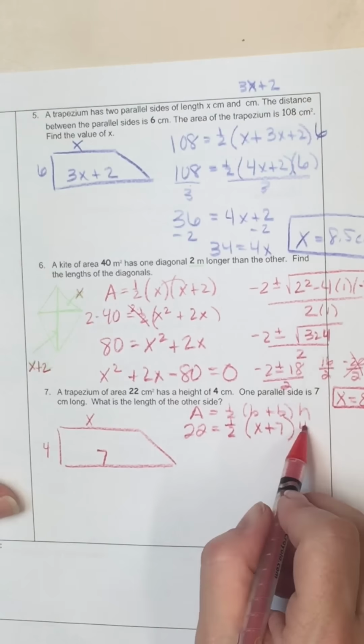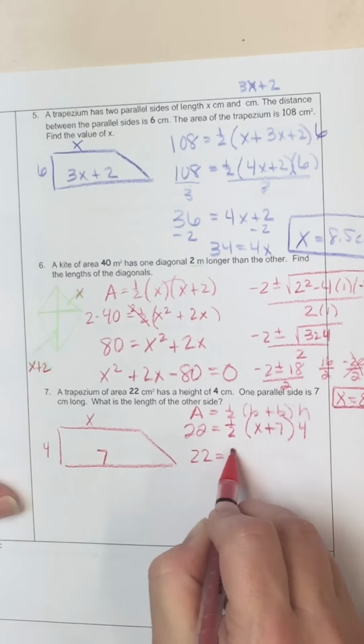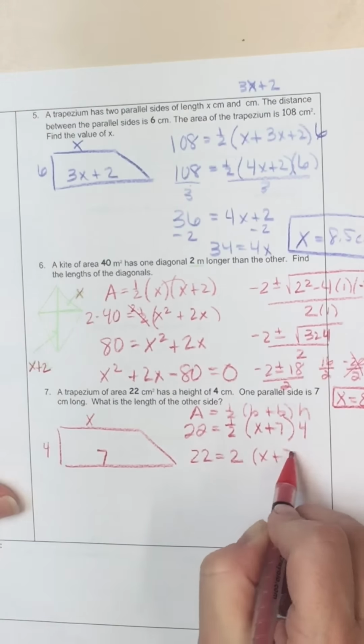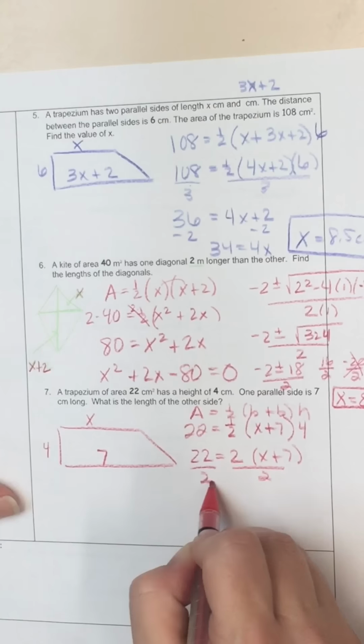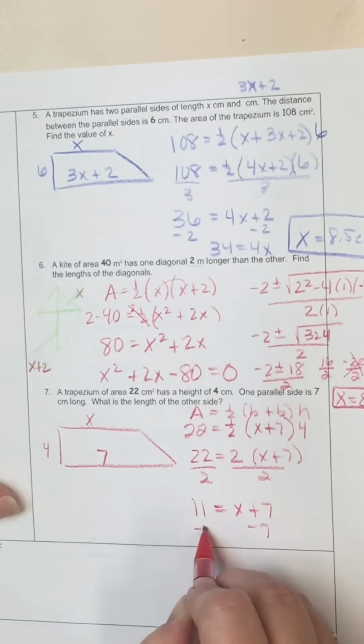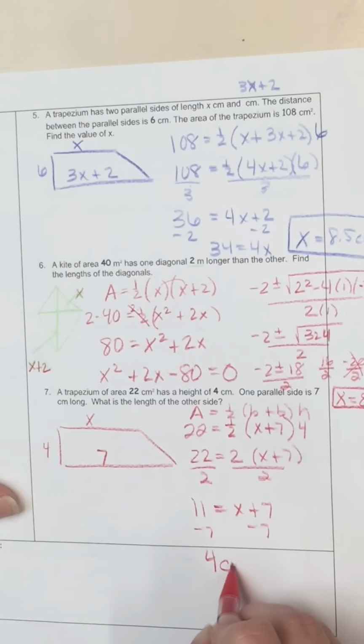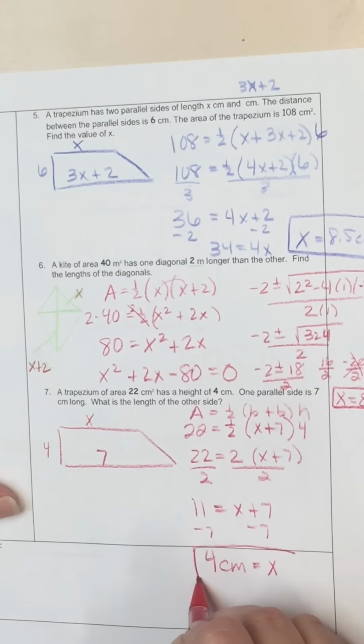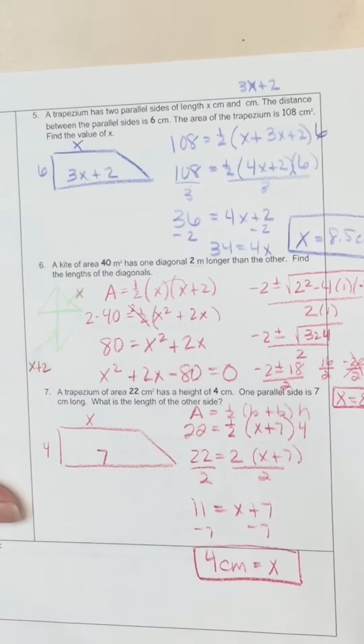Half of 4 is 2. Divide by 2: 11 equals x plus 7, minus 7, minus 7. 4 centimeters is x. You should have enough information now to solve your homework.